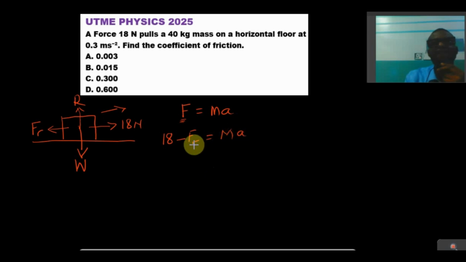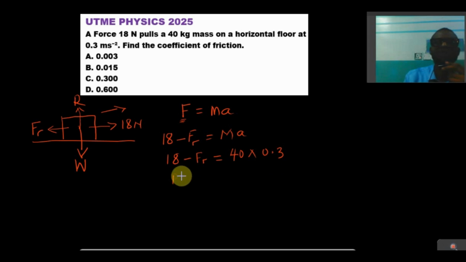Now let us look for the value of this Fr, the frictional force, which will enable us to find the coefficient of friction. My 18 minus Fr is equal to the mass of the object, which is 40 kg, multiplied by the acceleration, which is 0.3. And 40 times 0.3 will give us 12.